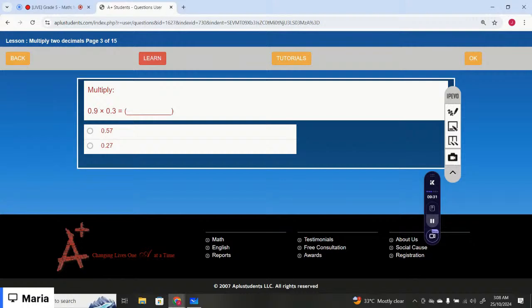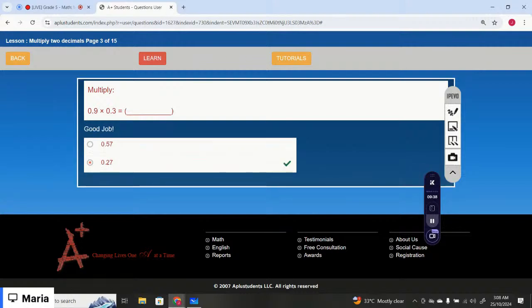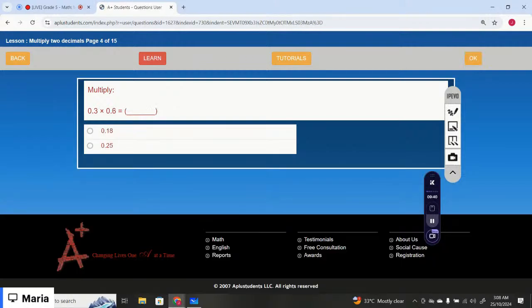Very good. That is 0.27. Option number 2 is the correct option. You can please write the answer once, right? 0.3 times 0.6.